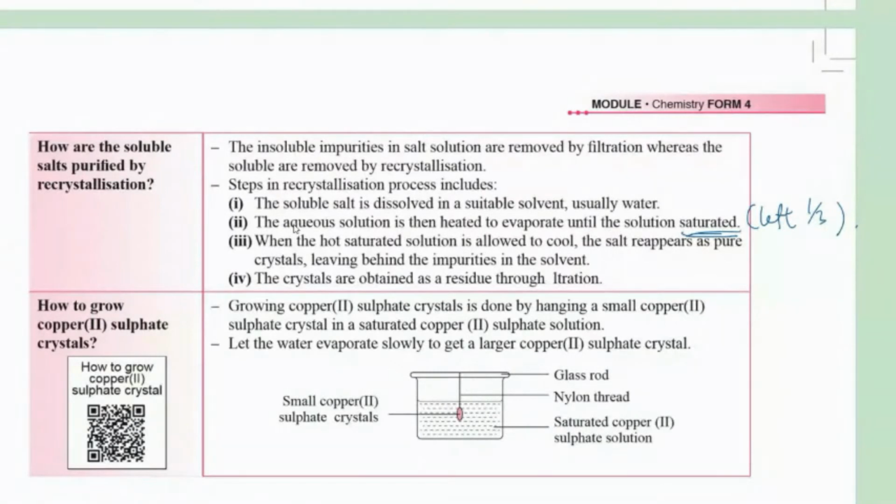When the hot saturated solution is allowed to cool, the salt reappears as pure crystals, leaving behind the impurities in the solvent. The crystals are obtained as a residue through filtration.